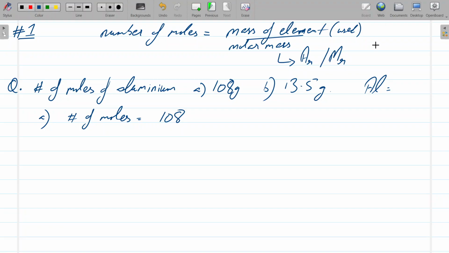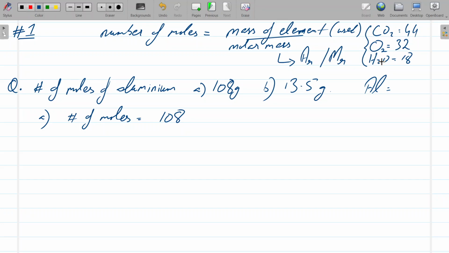So for oxygen it is 16, and for O2 it becomes 32. H2O is 18, and CO2 is 32 plus 12, which is 44. All of these masses are molar masses.